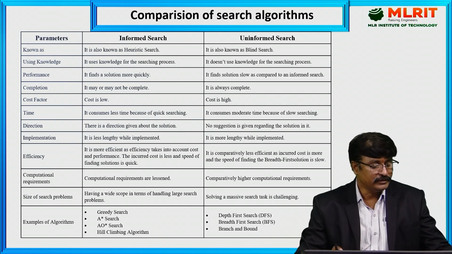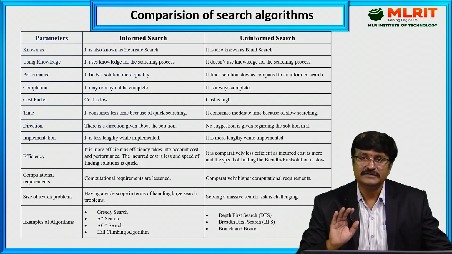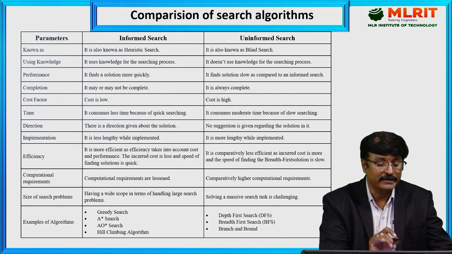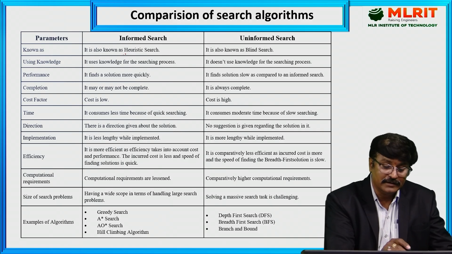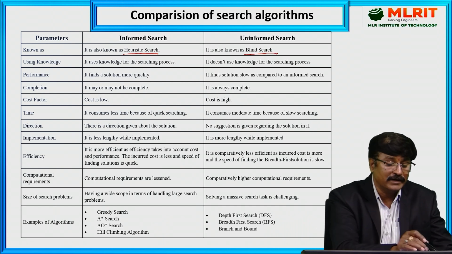Then coming to the comparison between the informed search algorithms and uninformed search algorithms, each and every parameter you can identify here. The informed search algorithm is known as the heuristic search algorithm, that is the other name. The uninformed search algorithm is the blind search algorithm. That is one parameter.